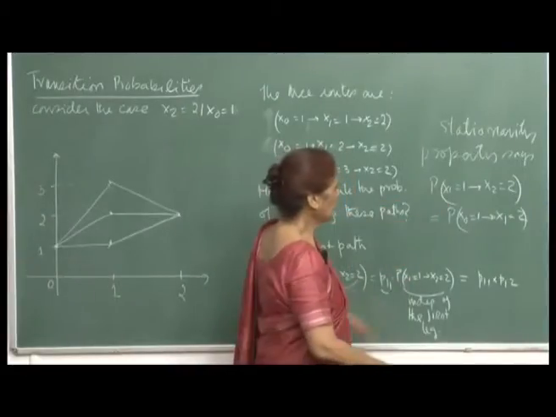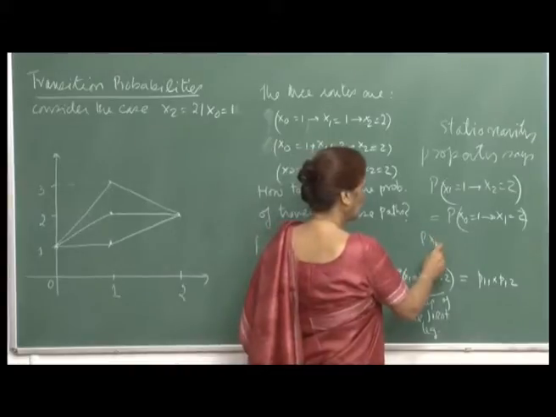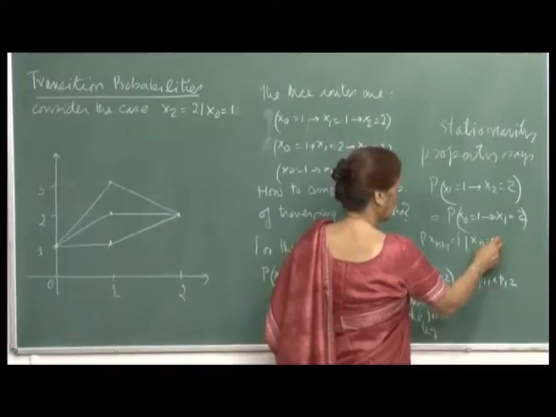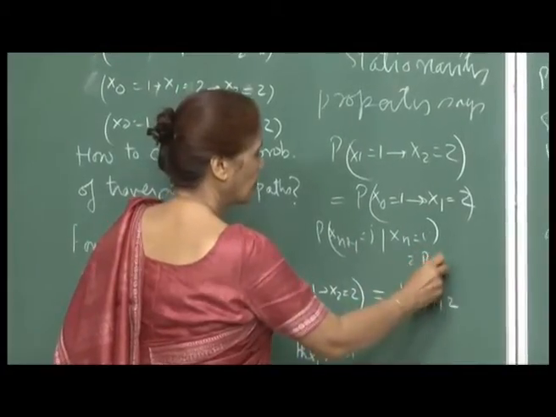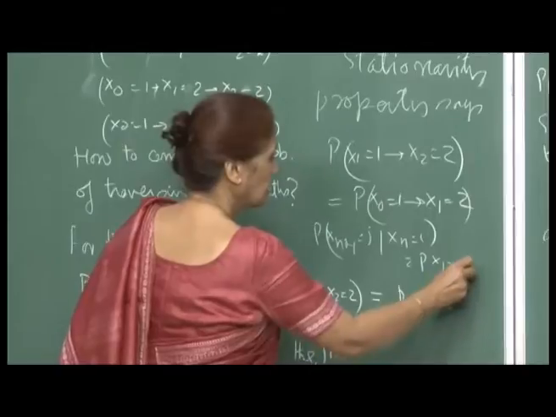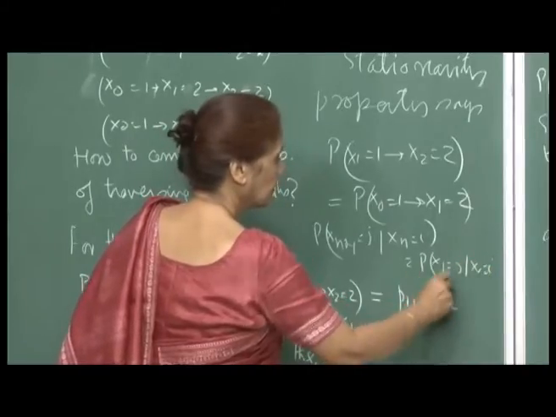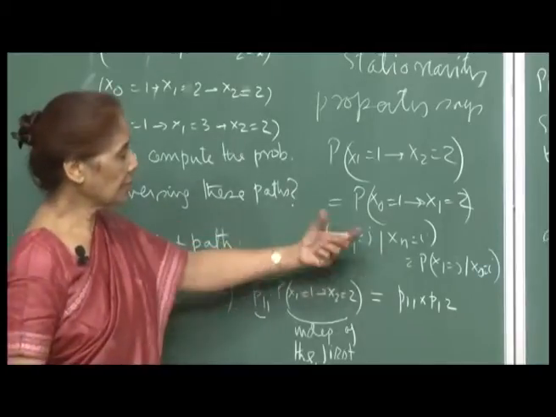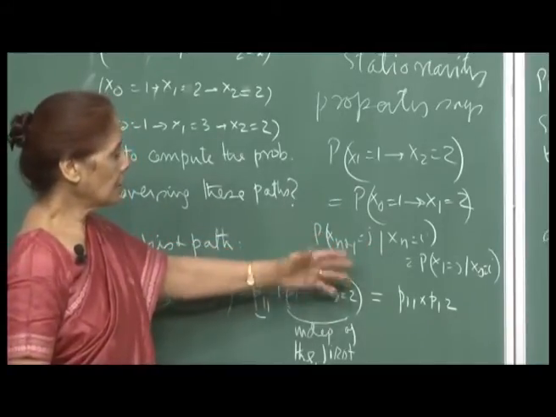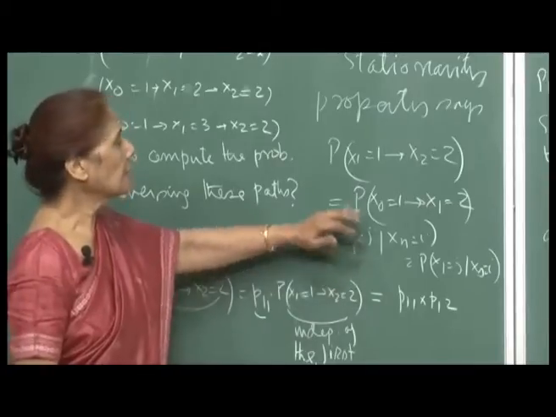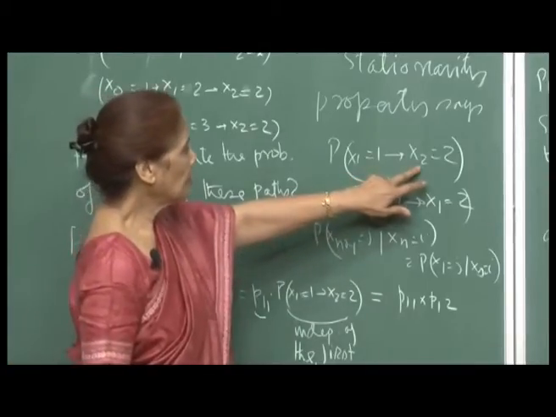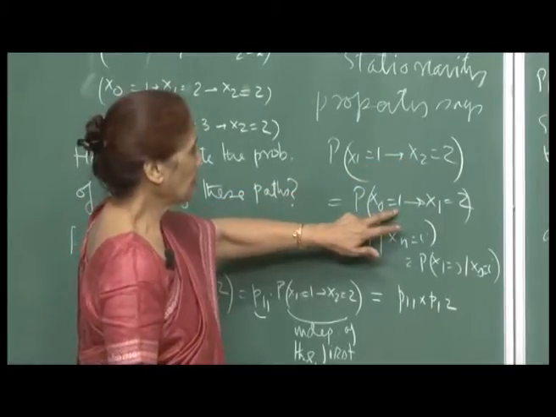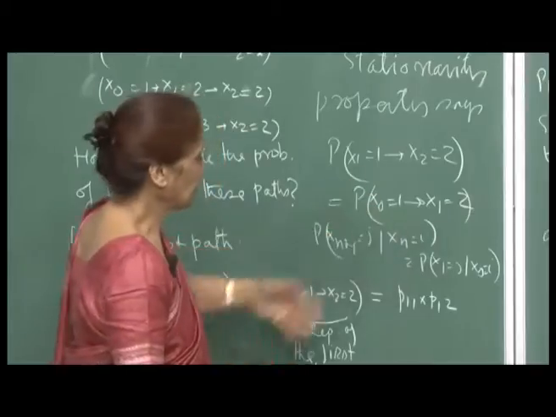Remember, stationarity says that probability x n plus 1 equal to j given x n equal to i is the same as probability x 1 equal to j given x naught equal to i. So, the stationarity property says that these one step transition probabilities remain the same no matter in which time period you are, and therefore, this transition probability of going from 1 to 2 was the same as the probability from x 0 equal to 1, going from here to 2 in the initial stage.